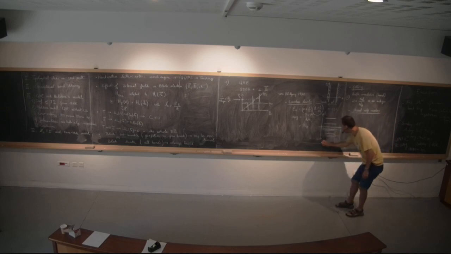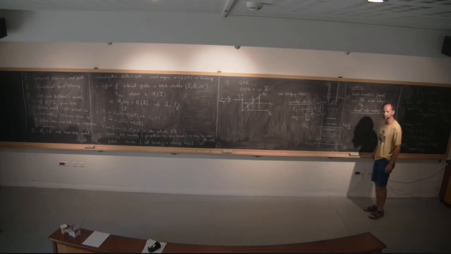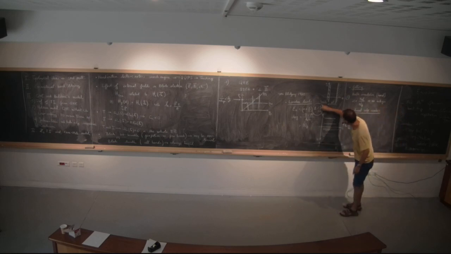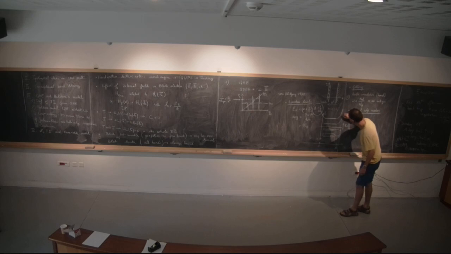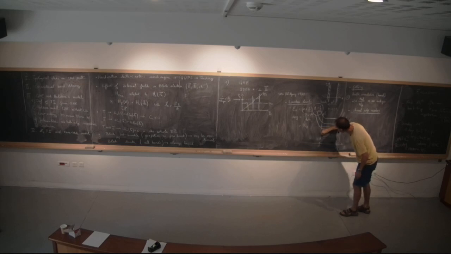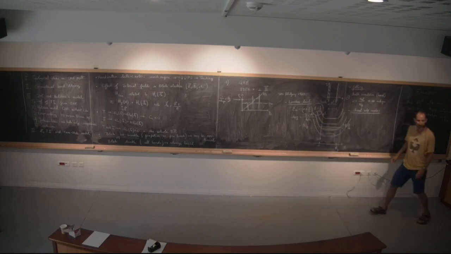When I'm far from 0 and from W, these are the bulk levels, but when you solve the Landau problem near the edge, the Landau levels bend like this. So here I'm doing a recap.